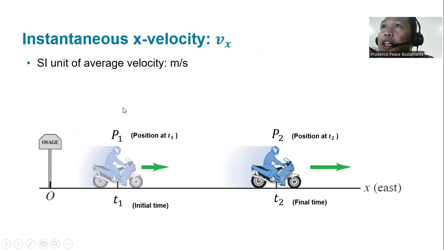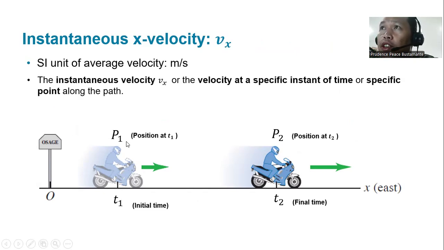We call that the instantaneous x velocity, denoted by v sub x. The problem with the average x velocity is that it cannot calculate the velocity of a particle at a specific instant of time or a specific point along the path.